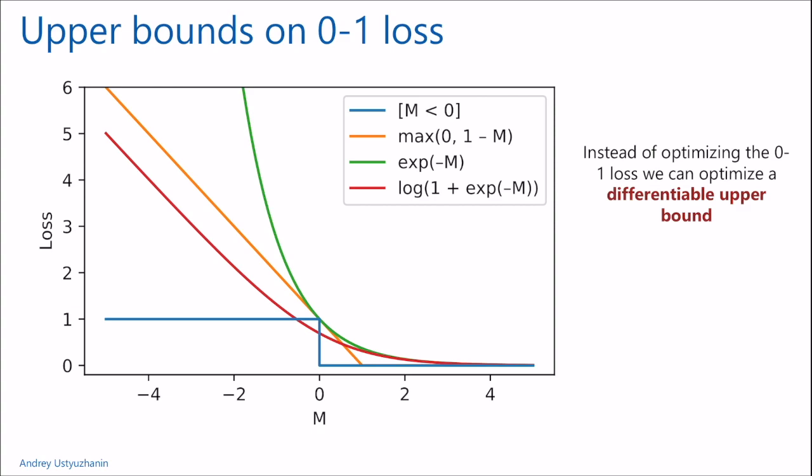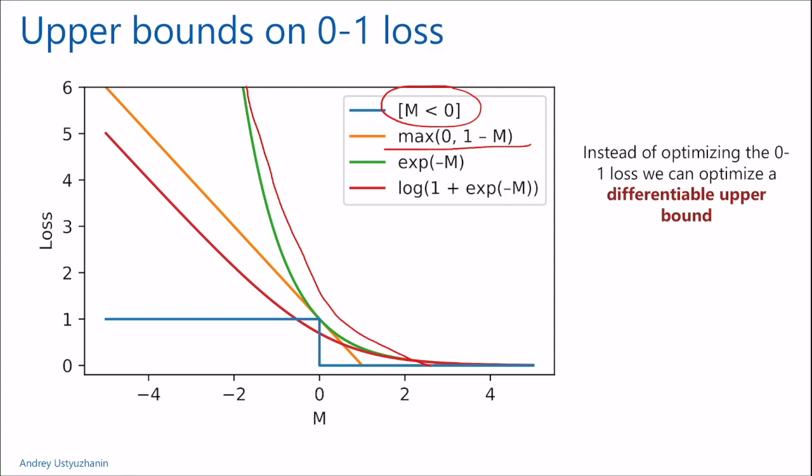So here on this plot you have this 0-1 loss function using the blue color line, and several examples. So it could be maximum of 0 and the difference between 1 and m, or it could be just exponential of minus m, or you can think of many other examples.